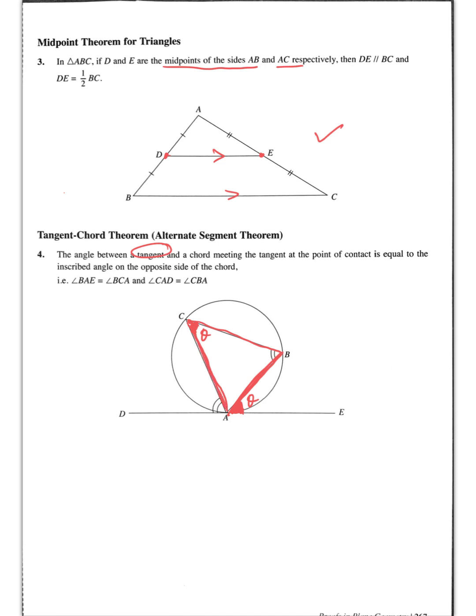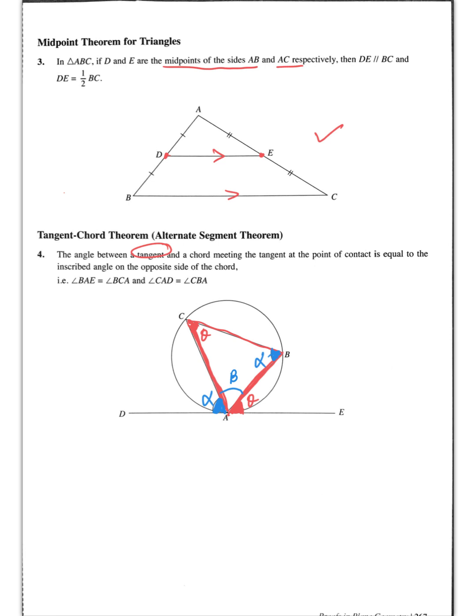Reason: angle in alternate segment, or alternate segment theorem. Also if you have this angle here, alpha, then this will be equal to alpha as well. Maybe you call this beta, so theta plus beta plus alpha gives you 180 degrees.